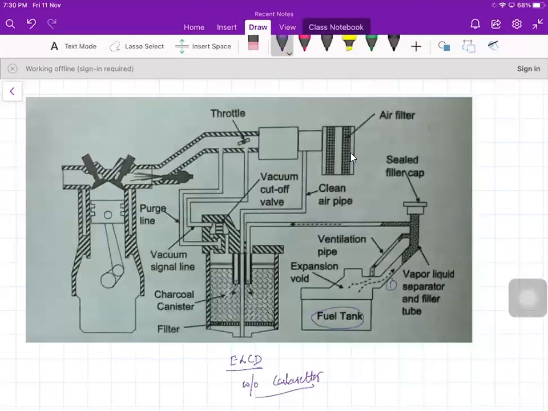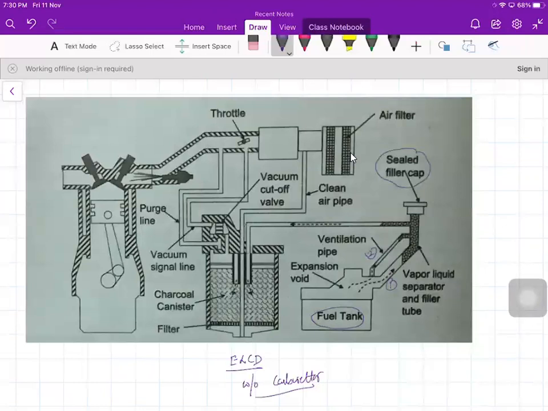The second vent is the ventilation pipe. Now this is fully sealed, which is a must, so we should use a sealed fuel cap.